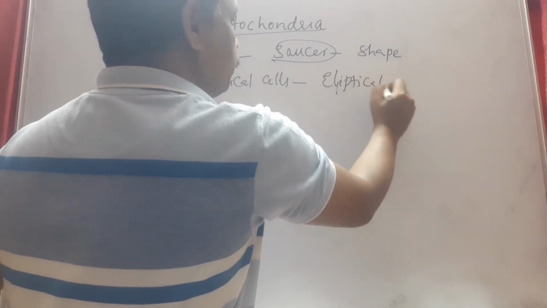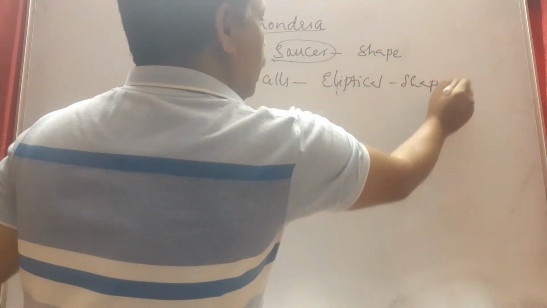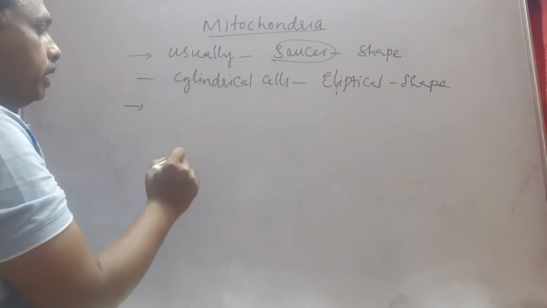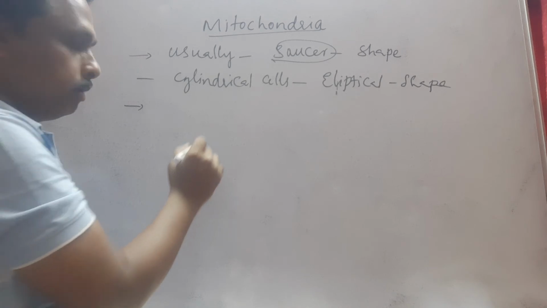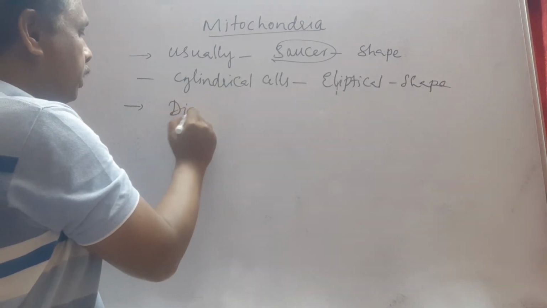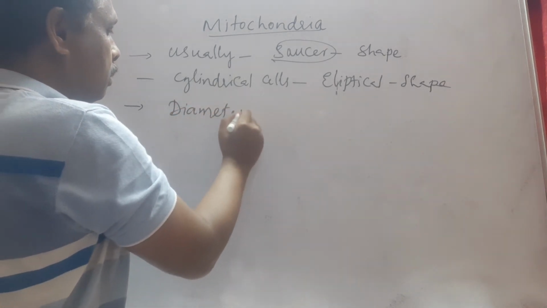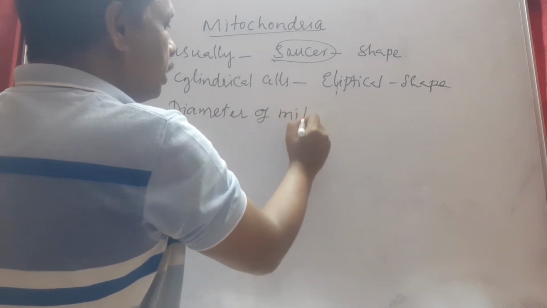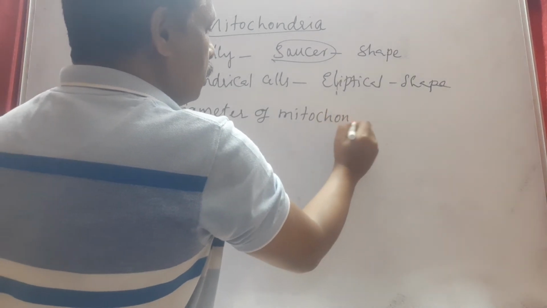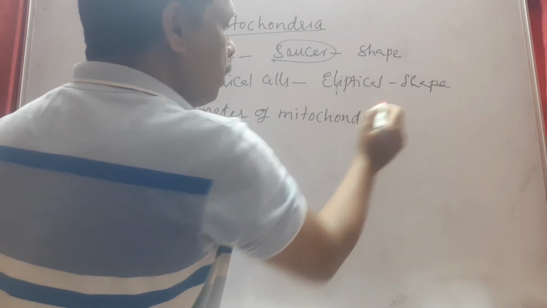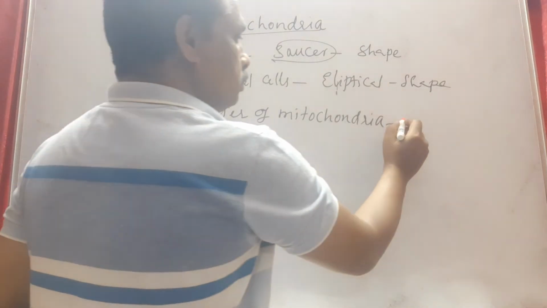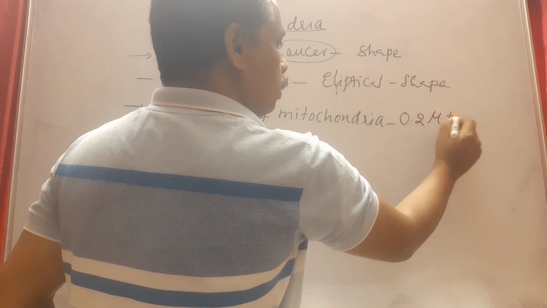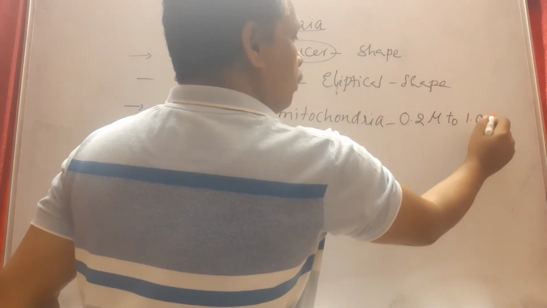And the diameter of mitochondria is about 0.2 microns to 1.0 microns.